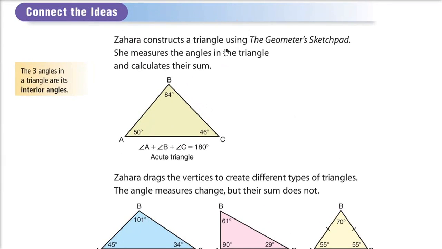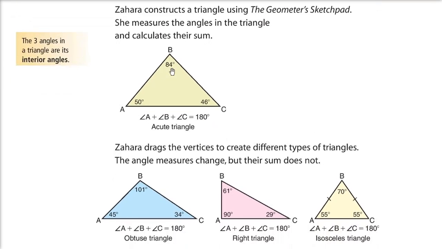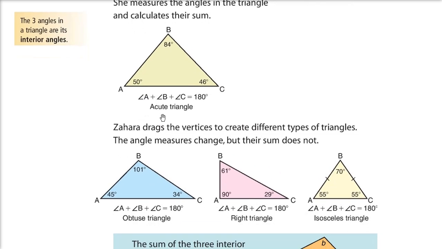Now Zahra constructed a triangle. She used the Geometer's Sketchpad. She measured the angles in the triangle and calculated the sum. When she calculated the sum of the interior angles, and these are acute angles, it came to be 180 degrees.